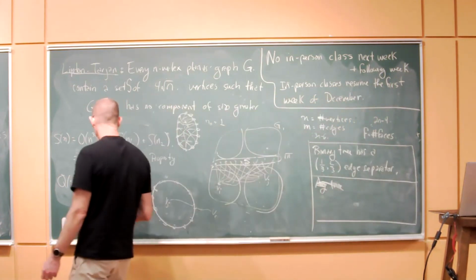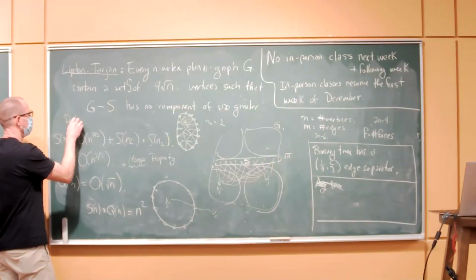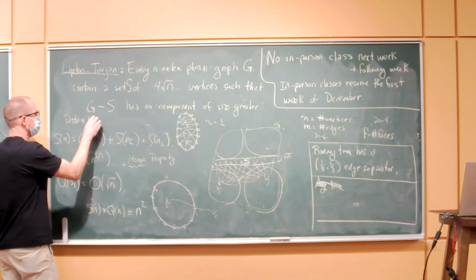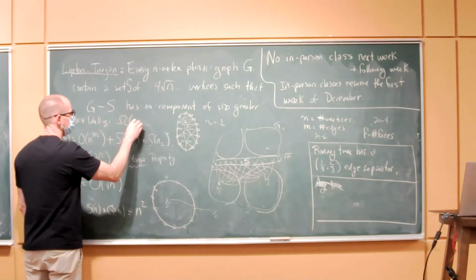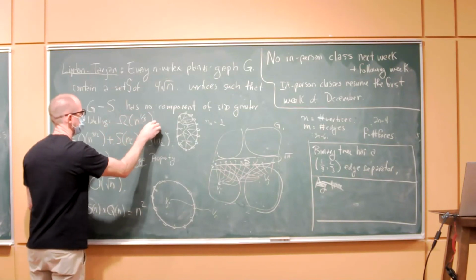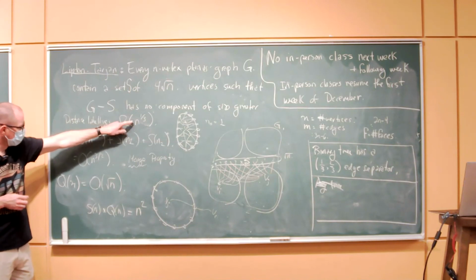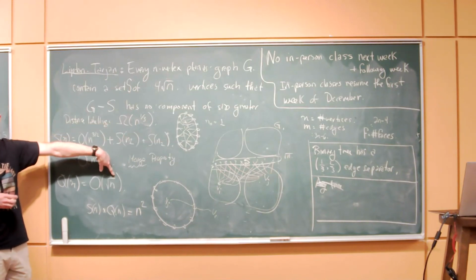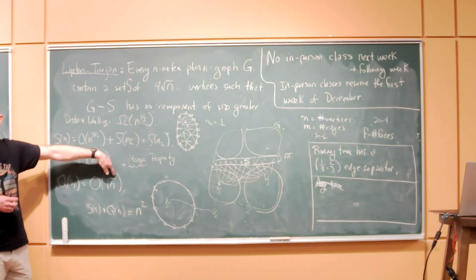What's known is that you cannot do distance labeling with labels of length less than n to the 1/3. So you need labels of length at least n to the 1/3. Labels of length n to the 1/2 are sufficient, but that gap is wide open and has been for more than 20 years now, I think.